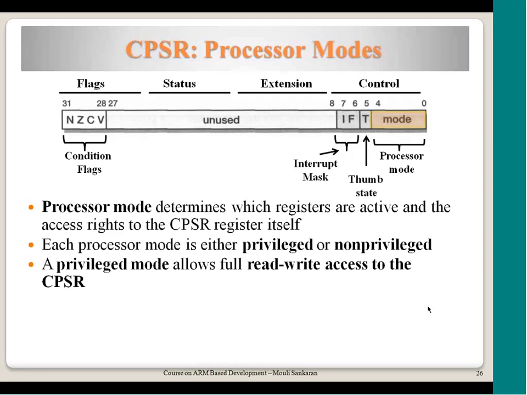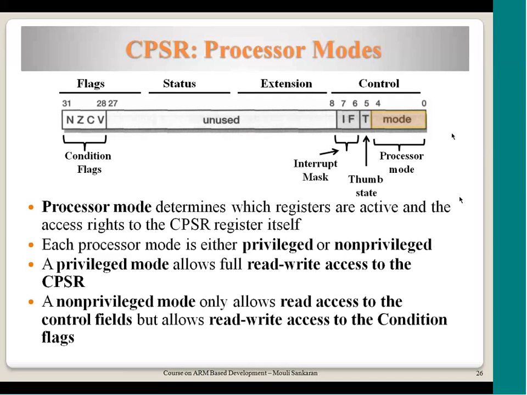Now you can understand that compared to this, privileged mode has a higher privilege, right? In the privileged mode, you have full read and write access to the whole CPSR. You can change anything. If the processor is in this mode, it can modify any of these bits in the CPSR.